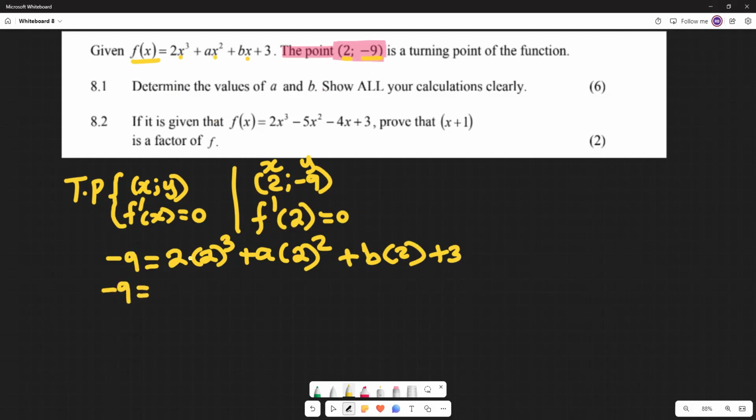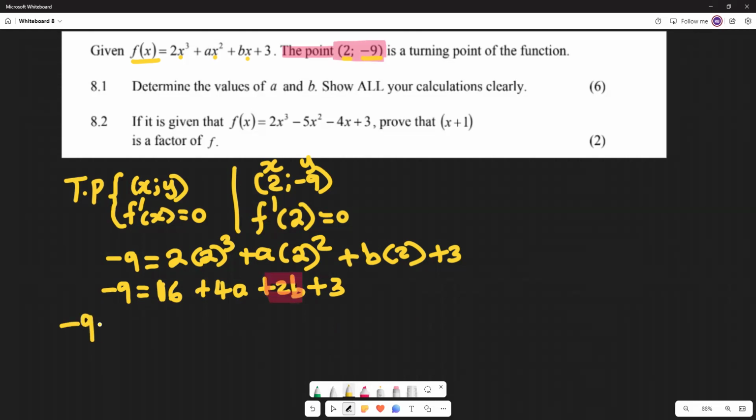Now let's try to simplify that. -9 equals, that's 8 times 2 is 16, and then plus 4a plus 2b plus 3. And then what can we do here? I need to make one of them the subject of the formula. I'm going to leave this guy by itself. So the rest I'm moving this side.